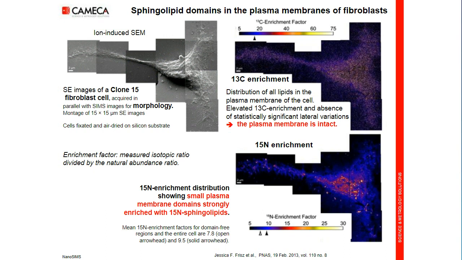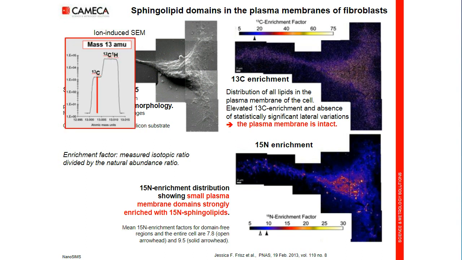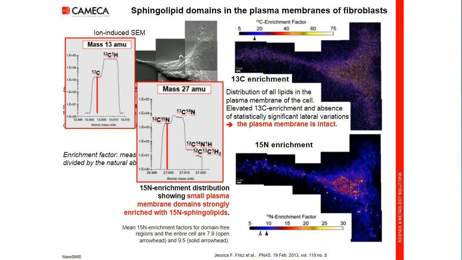So the challenge of carbon-13 mapping lies in the huge carbon-12 H peak near the small carbon-13 peak. Mapping nitrogen-15 is even more challenging, as carbon-13 nitrogen-14 is even closer to carbon-12 nitrogen-15.